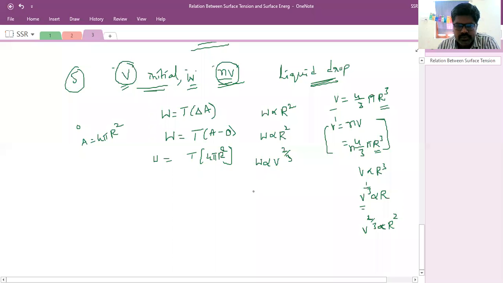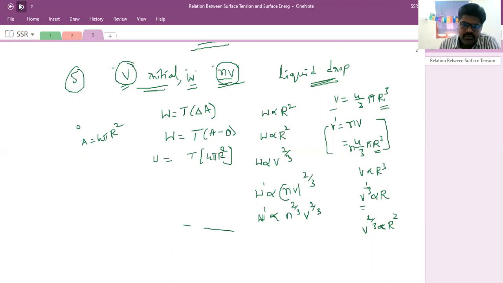Yes or no? For N times the volume, W dash is proportional to (NV) power 2 by 3. That means W dash is proportional to N power 2 by 3 into V power 2 by 3. Next, now we are talking about additional work.